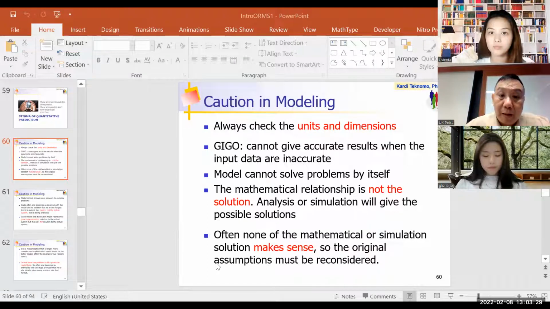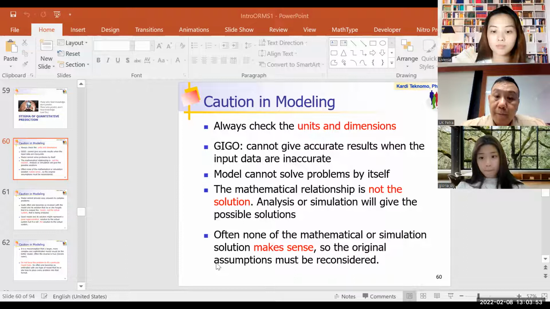So we have what is called GIGO, garbage in, garbage out. That means when your input is inaccurate, it will not magically create an accurate result, right? So your input data must be accurate enough, clean enough.